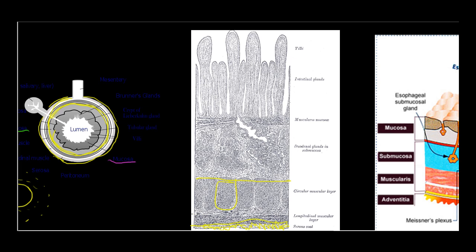Now we have this longitudinal muscle right here, which travels the length of the GI tract. Think of the GI tract as a tube, and it's traveling the length of the tube. And then there's a nerve plexus called the myenteric nerve plexus, innervating the two layers.